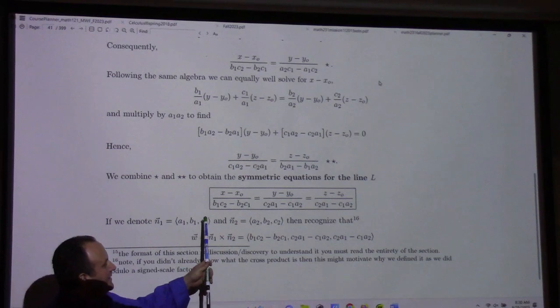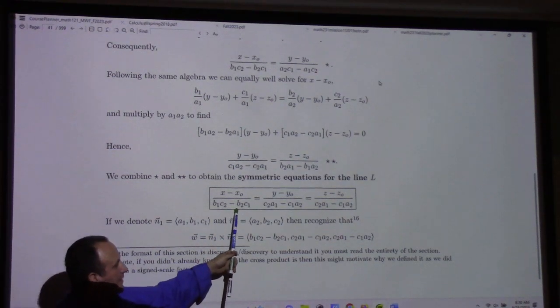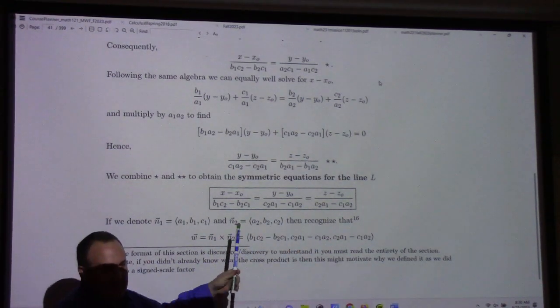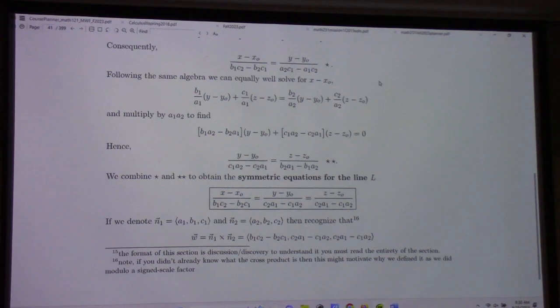When you do that, you end up finding the components of the cross product as the directions. That makes total sense, because if 2 planes intersect, the line of their intersection is tangent to both planes. But the tangent to both planes must then be perpendicular to the normal of both planes.